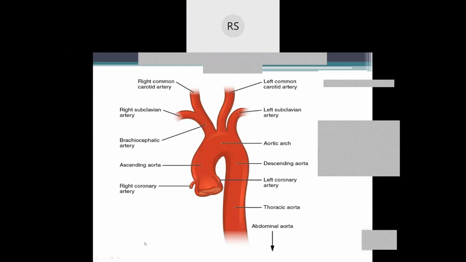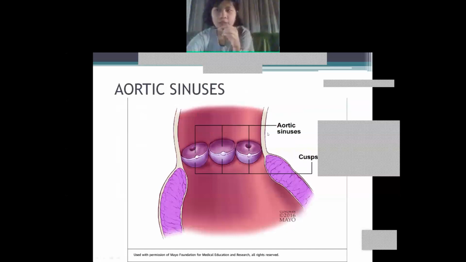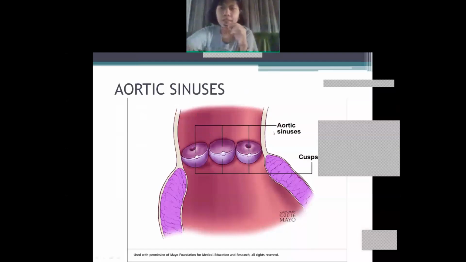What is the name of that? Okay, see this. Read this, Rashmi. Aortic what? Sinus. Sinuses. Okay.